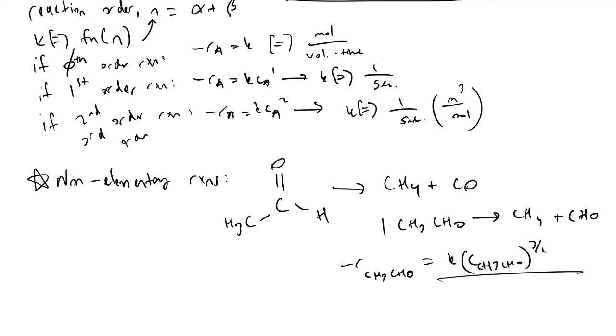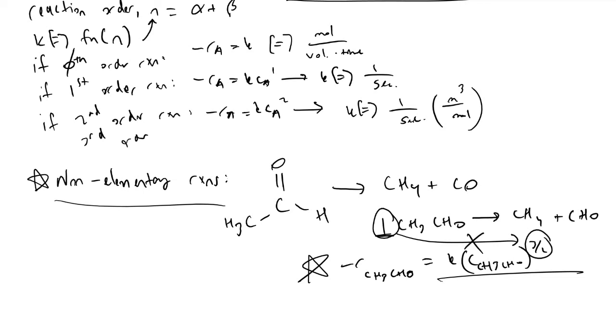And so this really highlights an example in which we cannot strictly rely on stoichiometry. Even though this is 1 right here, this disagrees with this, so you cannot always assume that your reactions are elementary as written.